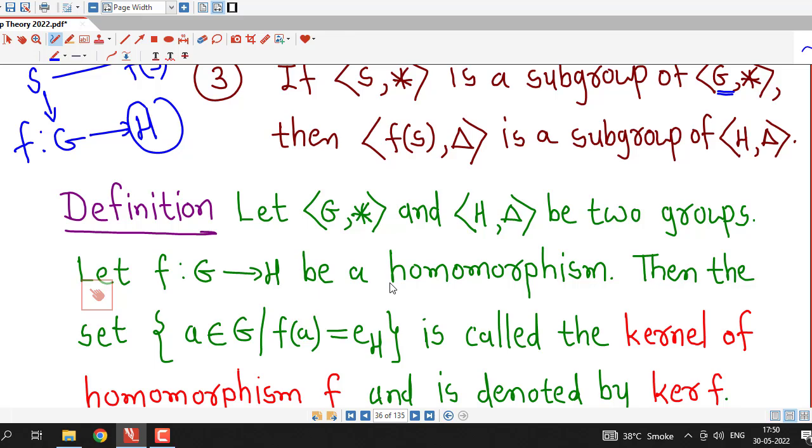Now we define what is kernel of homomorphism. So definition is very easy.